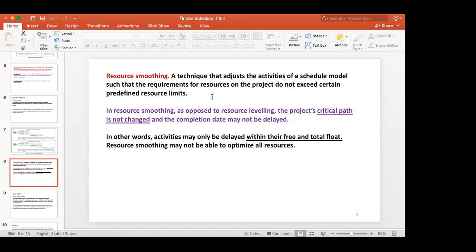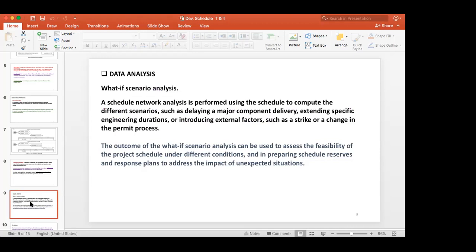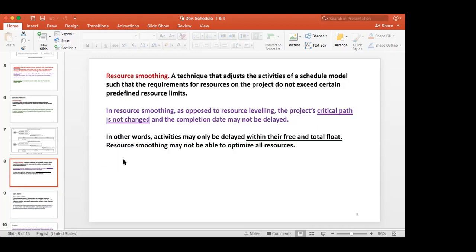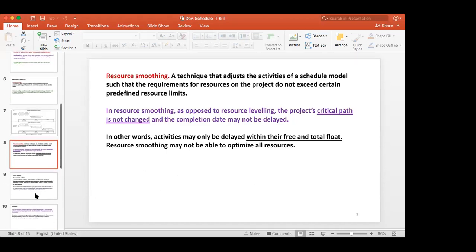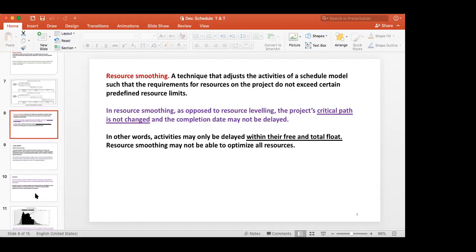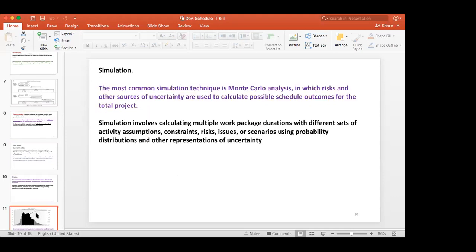Now there's a you can say like this. 1 minute. I can resource smoothing. I think I will explain from the first turn because you will make it product.